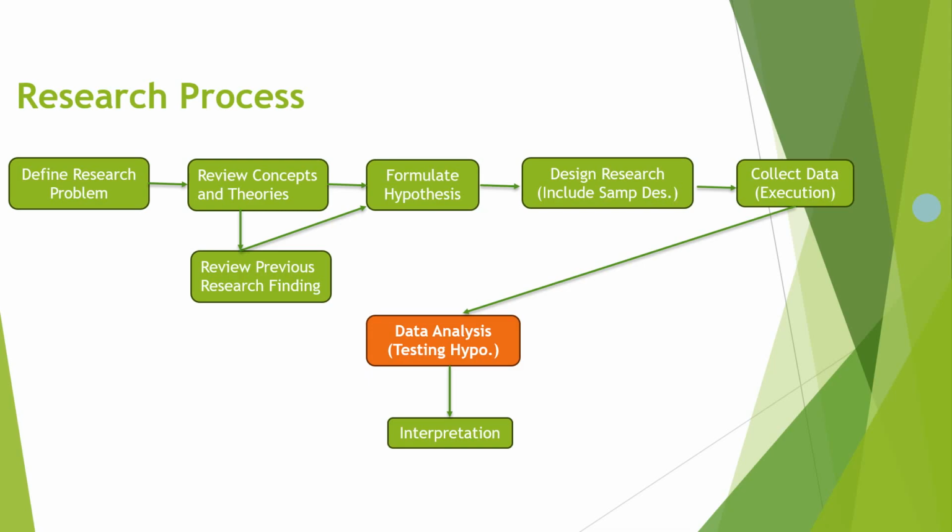Now you will start reviewing the research concepts and theories. In that, you will cover how this research will be performed and what type of data you need to capture. After that you will move ahead to the review of previous research findings.